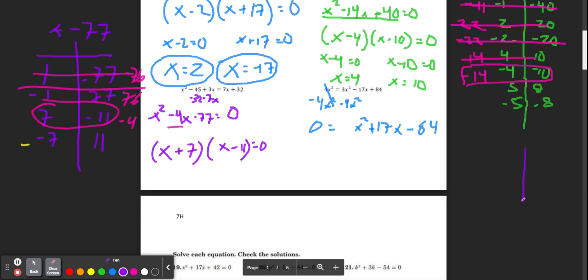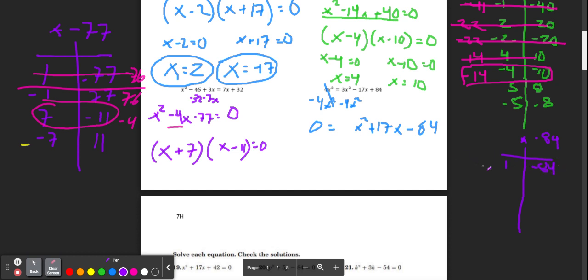So here, we'll do our table, trying to find numbers that multiply to negative 84 and add to 17. So we have 1 and negative 84.